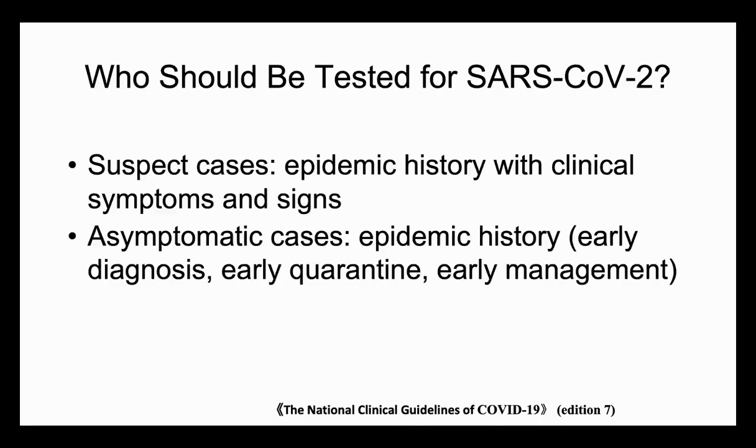The second group is persons who have epidemic history but no COVID-19 symptoms. So to identify the asymptomatic cases could facilitate early diagnosis, early quarantine, and early management, then to prevent the virus transmission further.